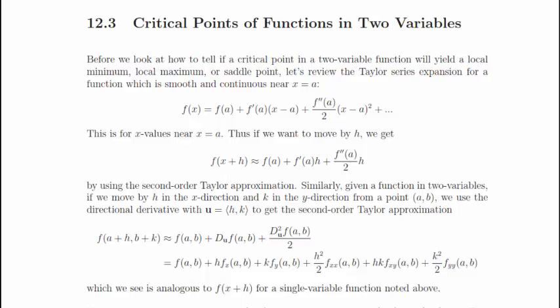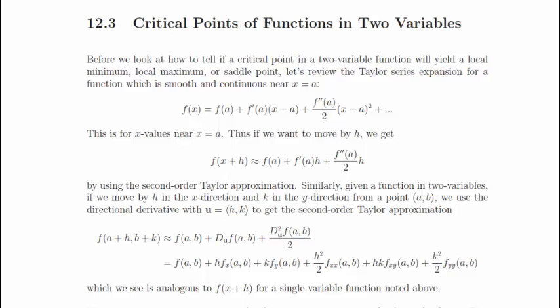We essentially want a second derivative test to tell if something's a minimum or a maximum or a saddle, but it's going to be quite a bit more complicated in two variables. So we're going to build up to this classification of minimums, maximums, and saddle points for functions in two variables. And the definition of a critical point for a function in two variables is going to come after we do this little explanation of Taylor series again.